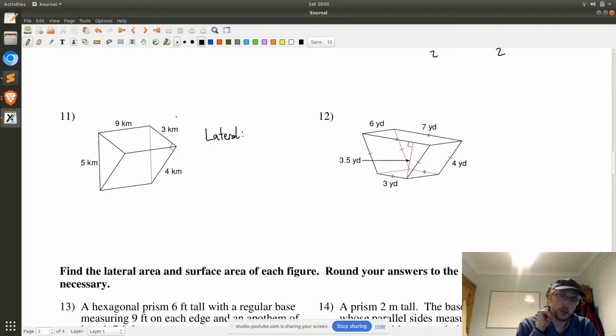So 3, 4, 5, sum them to get 12, times that by 9 to get 108. There you go. And as for the entire thing, 3 times 4 is 12, and then add that on to that, and we get 120.